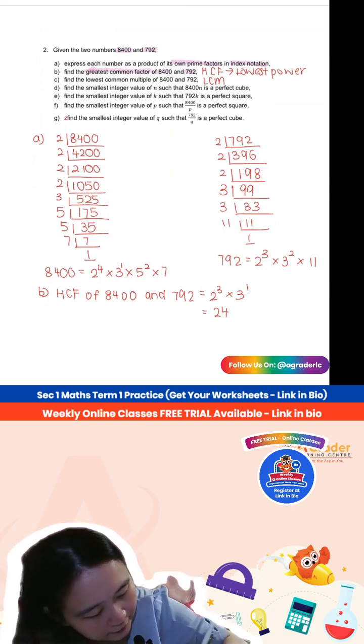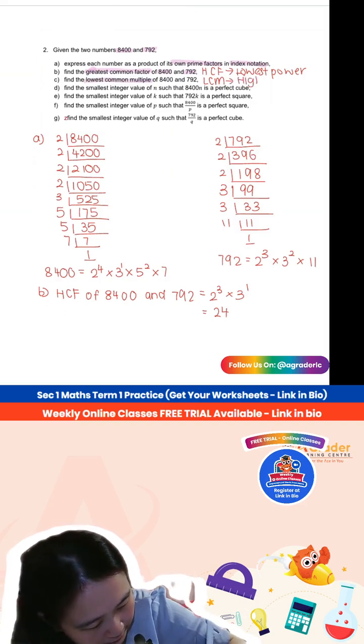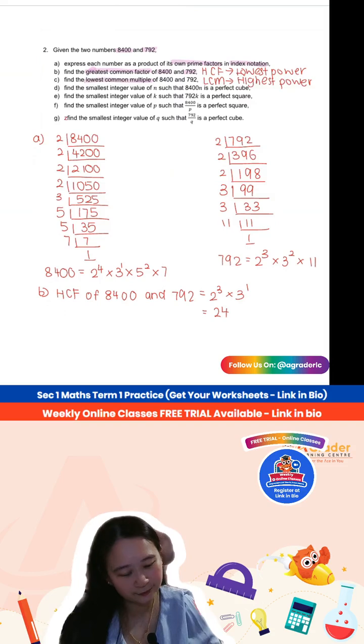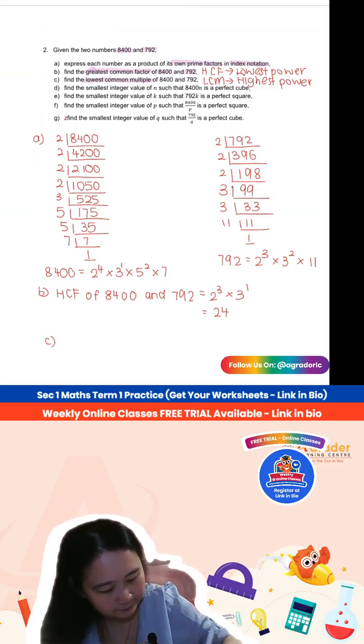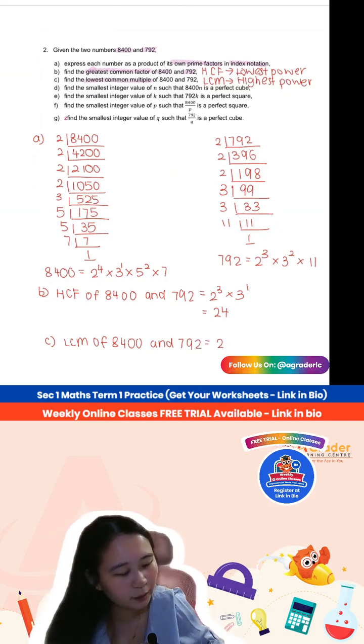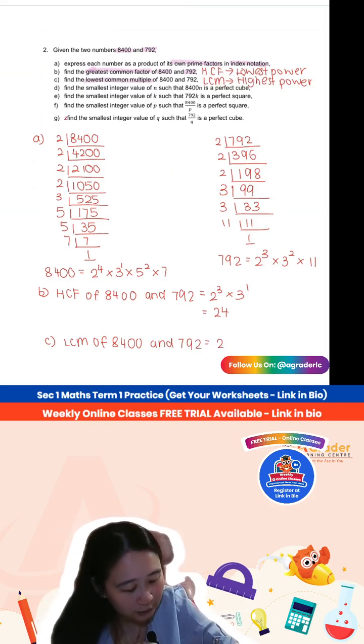Part C, they're asking for the lowest common multiple, so we take the highest power. So the lowest common multiple of 8,400 and 792: I take the highest power. The highest power of base 2 is 4.